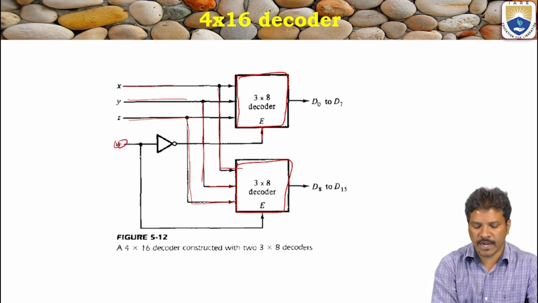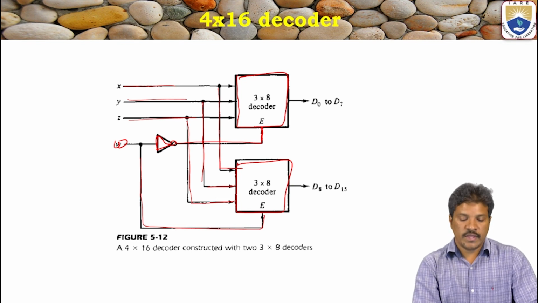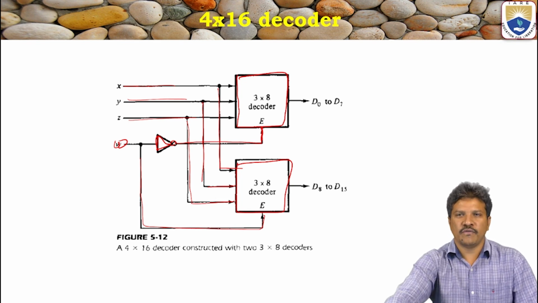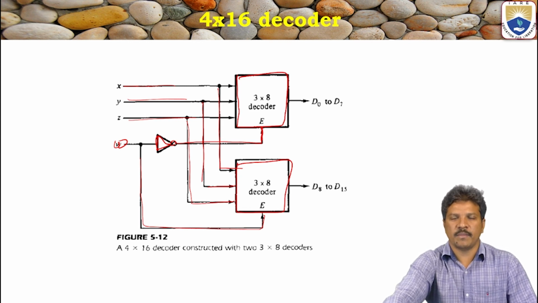That 4th input is directly connected to the lower decoder and connected through an inverter to the upper decoder. So this W is 0 for 8 combinations, and for the remaining 8 higher order numbers W is 1.